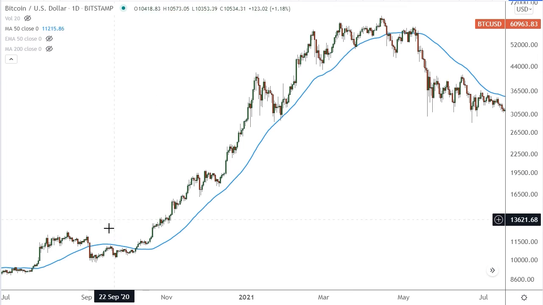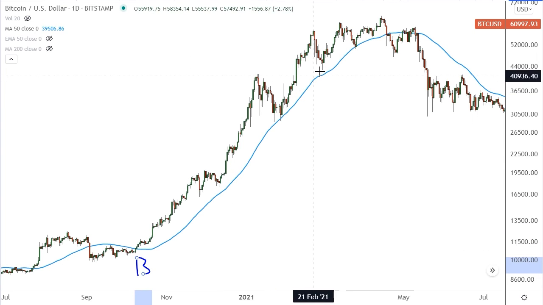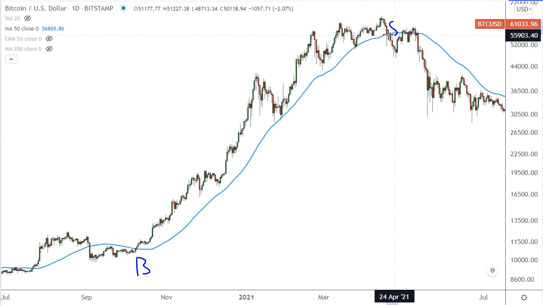And so a way that a trader might do this is whenever price crosses above the moving average, this would have created a buy signal right here. Okay, and we did not get a cross down until right here. So this would have been a sell signal. Now that sell signal would not have lasted very long. We would have come back up and traded sideways and would have been whipsawed back and forth a little bit. But that's how you could use it as a trend direction.